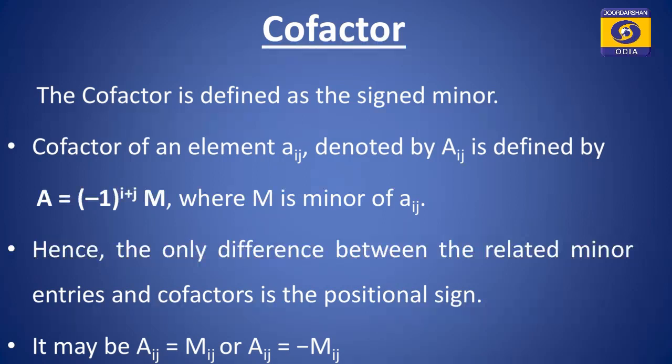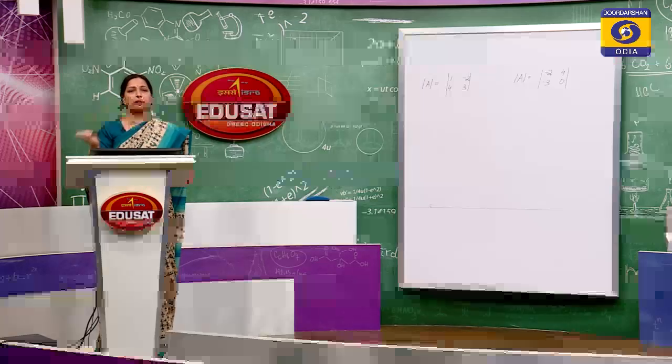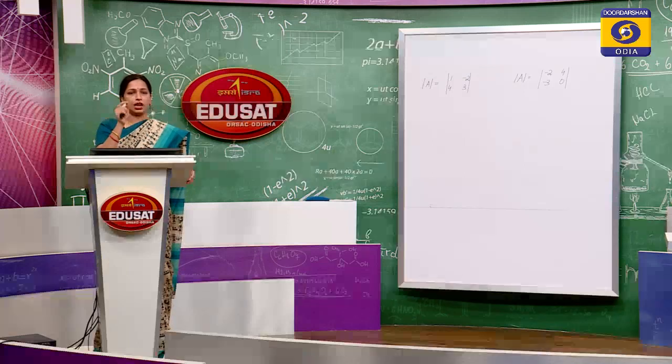Here M is the minor of a i j, the element that we are taking into consideration. Hence, the only difference between minor and cofactor of related entries is the sign, right. So, it may be noted here that A i j equals M i j or A i j equals minus M i j. So, the value will be the same, but the sign of the element may change.